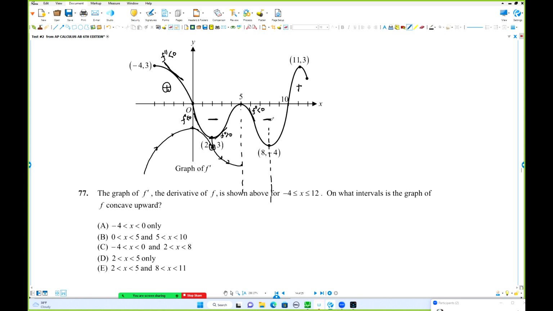Negative means decreasing, but it is a negative slope. It is concave down, right? Slope is negative means that the second derivative is less than 0, right? Concave down, decreasing. It's okay? So this is another inflection point there, okay? They change concavity, right? Positive is concave up, negative is concave down.